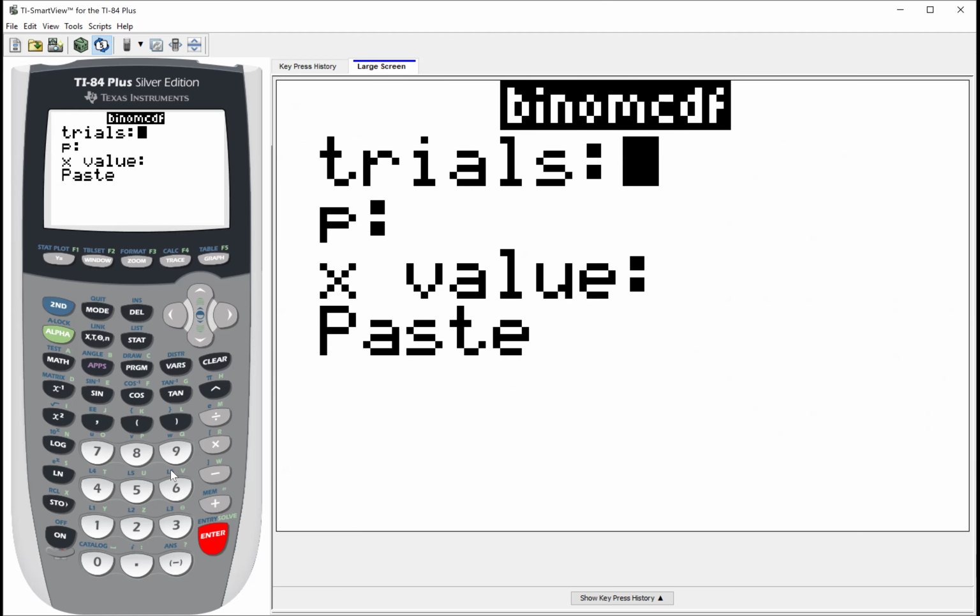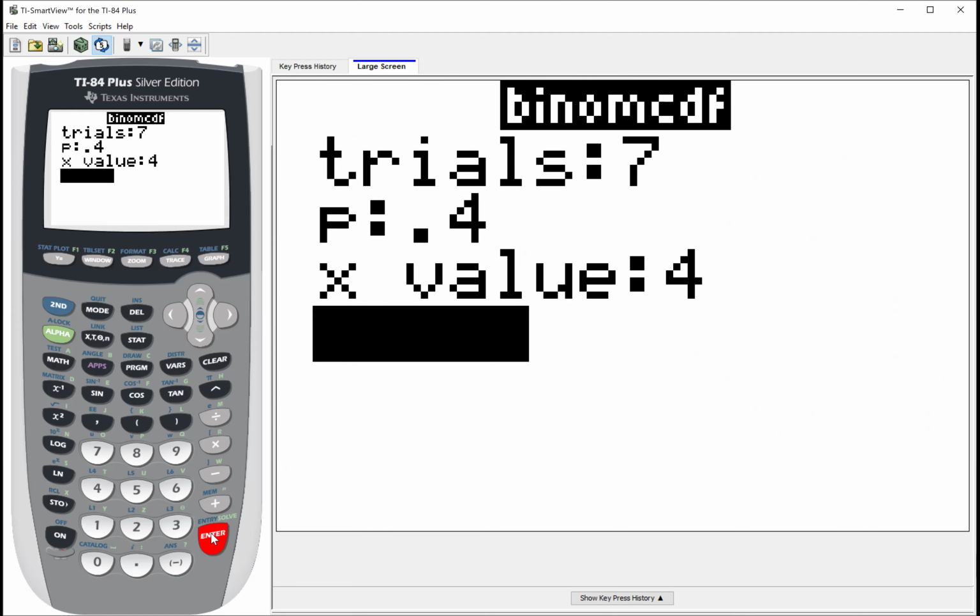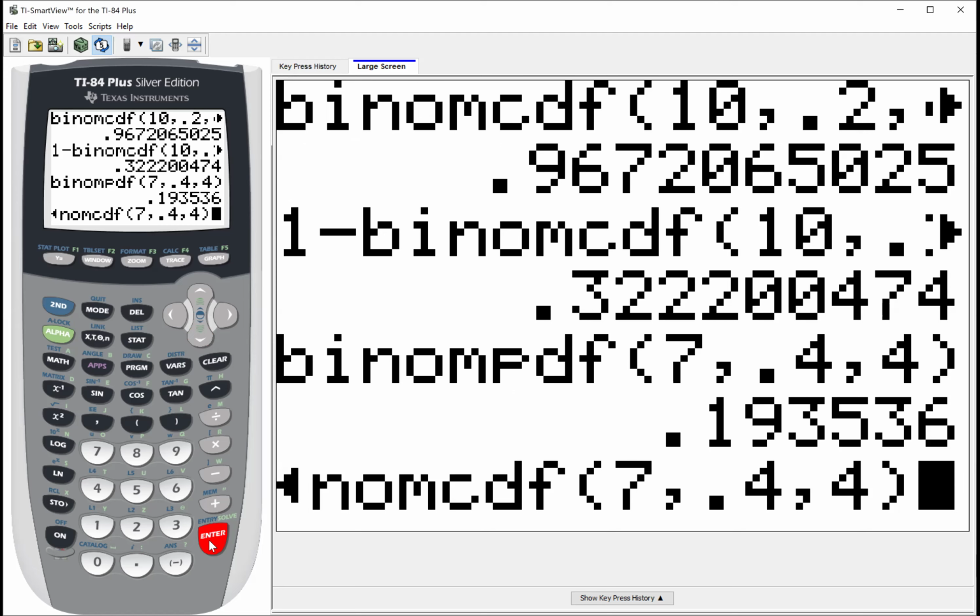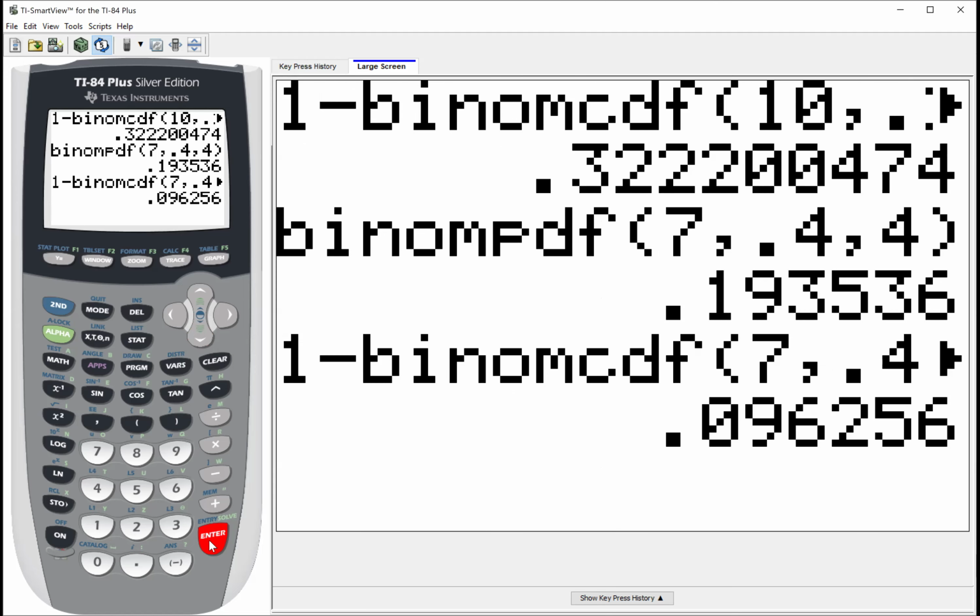The number of trials is 7. The probability of a success is 0.4. And now since we're doing 1 minus at most 4, we're going to put my X value as 4. And then paste, and then enter.